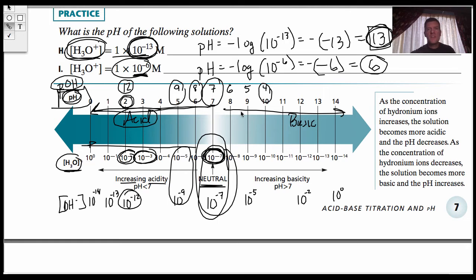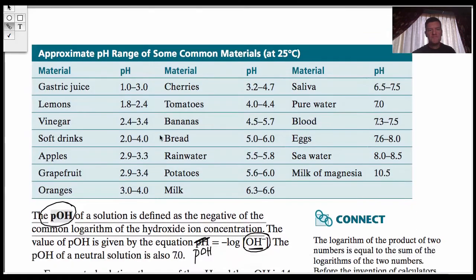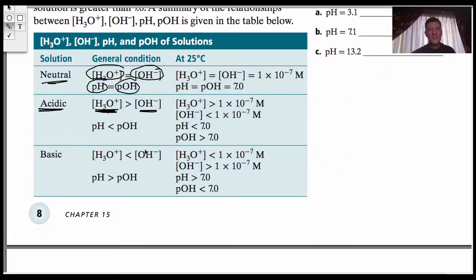If pH is greater than 7, then we know it's basic because the concentration of hydronium is going down and the hydroxide concentration is going up. For basic, the hydroxide ion concentration is greater than the hydronium, so you're going to have a pH greater than 7, from 7 to 14. Okay?